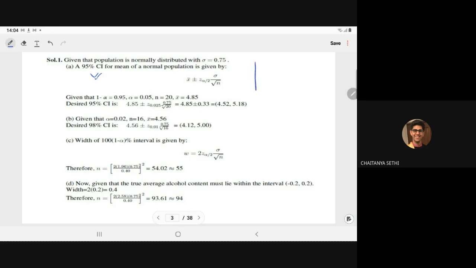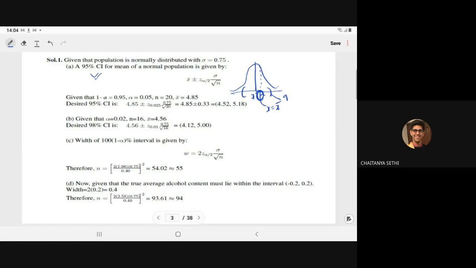What I have told you is that when we have the population mean, this is x equal to mu, and from the sample you have computed x equal to x bar. We have to compute the confidence interval, that means we are 95% confident that this mu lies in this interval. There is hardly a 5% chance that this mu lies outside this confidence interval. So here the confidence interval is x bar plus minus z alpha by 2 into sigma upon root n.